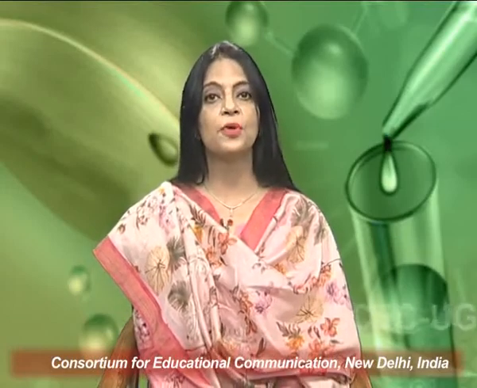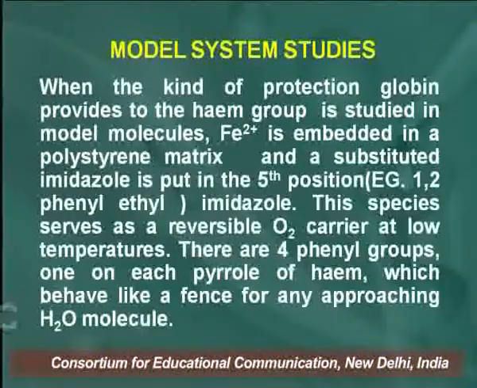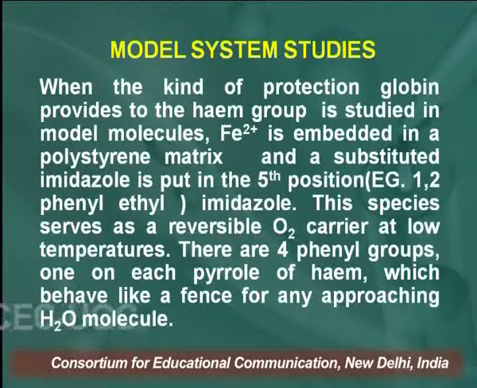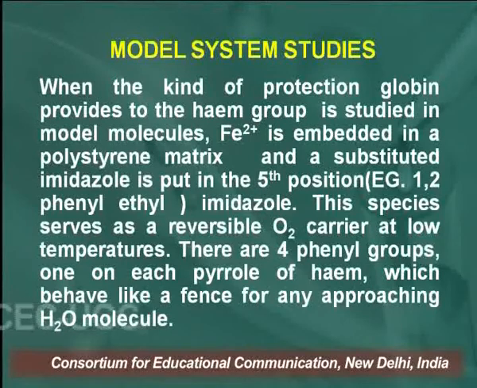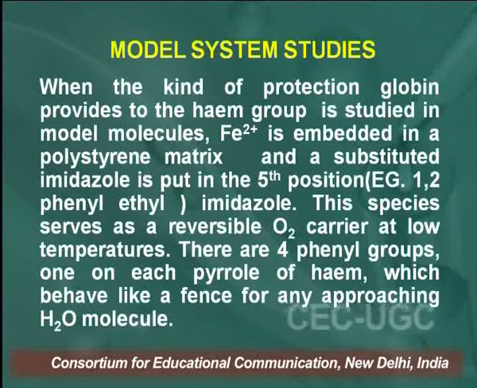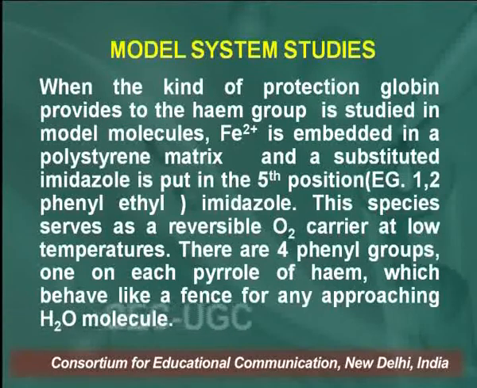When the kind of protection globin provides to the heme group is studied in model molecules, Fe2+ is embedded in a polystyrene matrix, which is the representation of the porphyrin ring in the natural system, and a substituted imidazole is put in the 5th position, which is the same as histidine in the natural system. It is a part of the globin part.